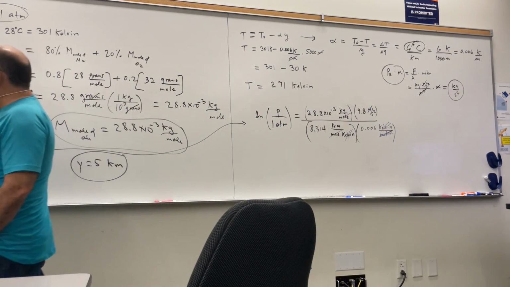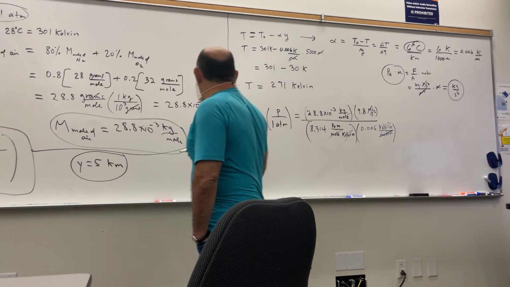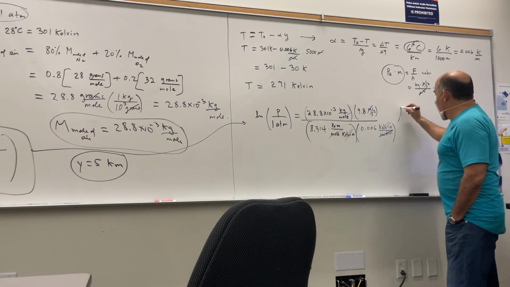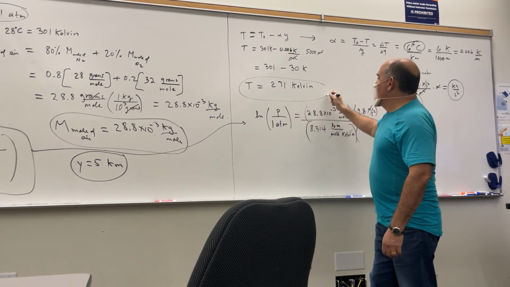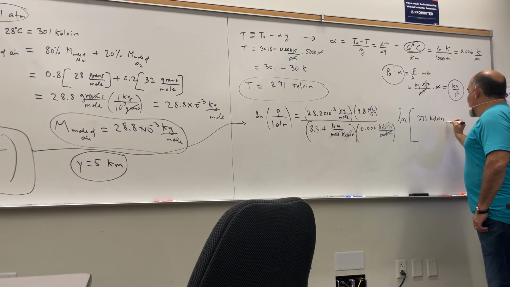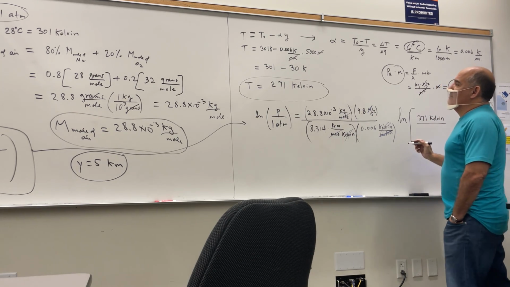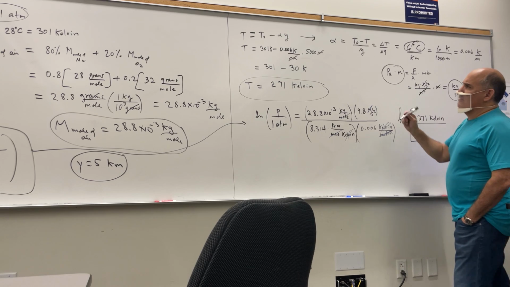I'm still not done because that was only this, right? I have to do the natural log of the two temperatures. And the temperature we said is 271 Kelvin. And at sea level or ground level, the temperature was 301.